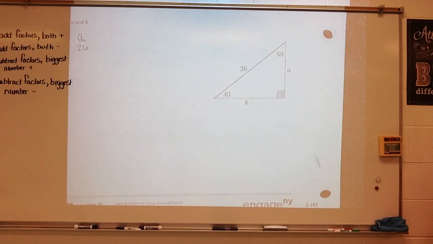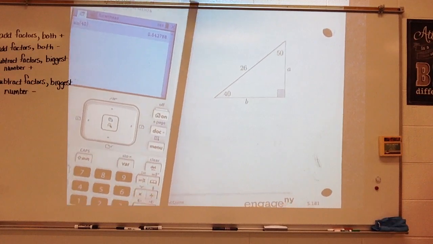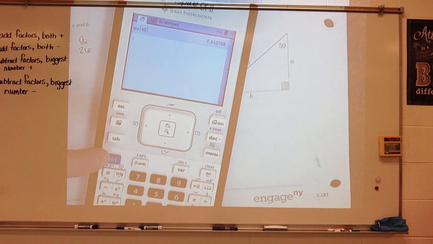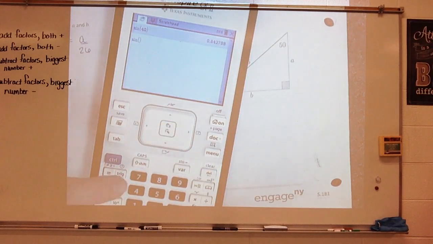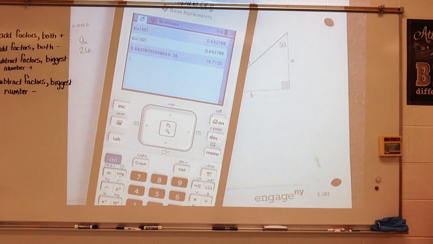Let's figure out the sine of a 40 degree angle. Here's what I did. Here I've got trig, and I hit sine, and then it tells me to find that. Now, I want to multiply that times 26, which gives me 16.71.